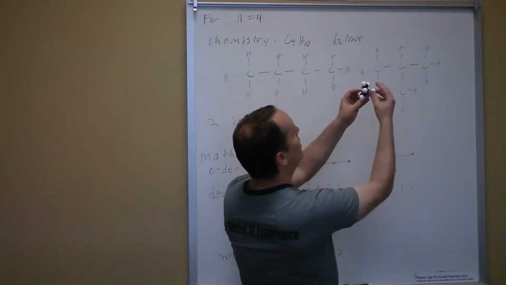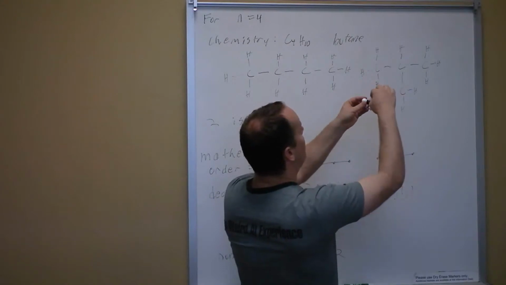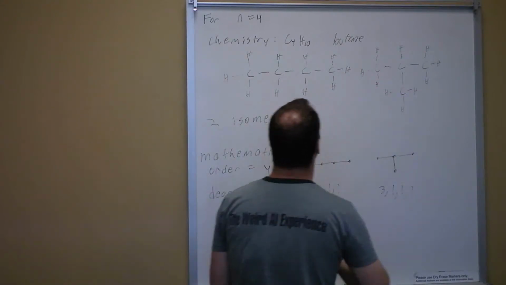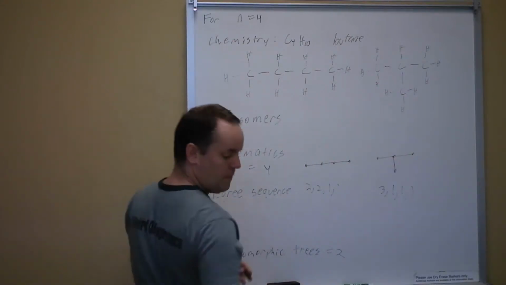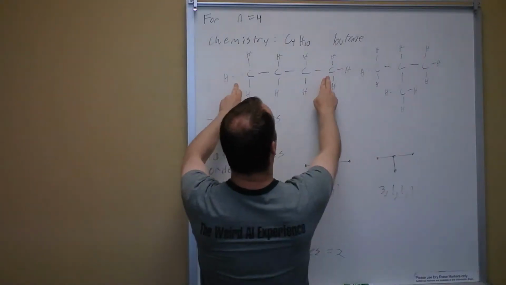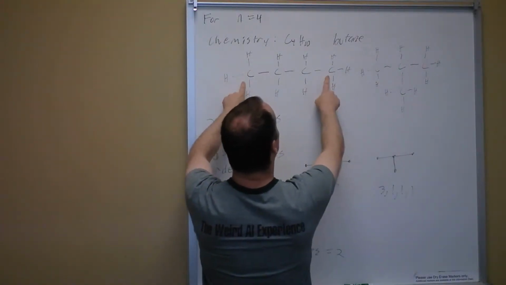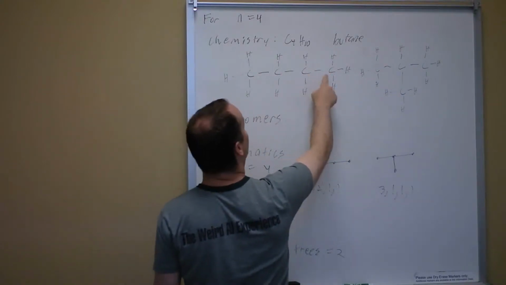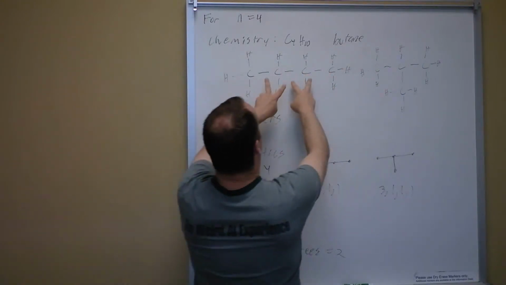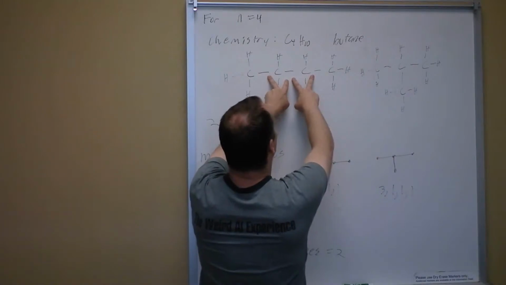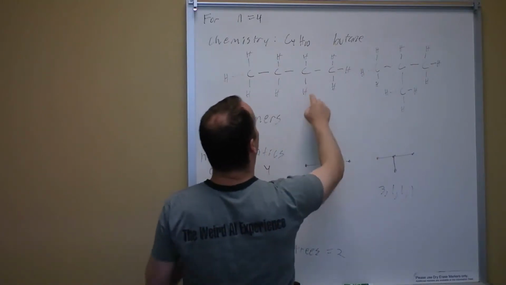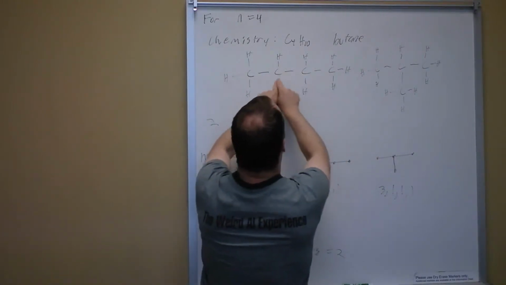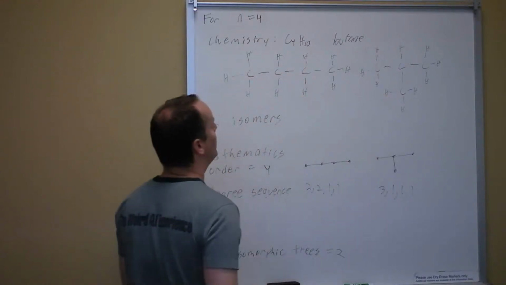So here we have a CH3, CH3, CH3, and then just 1 hydrogen here. Now you'll notice then, this isomer here, that you have 2 end carbons that are primary carbon. Primary carbon means it's next to 1 carbon. And then you'll notice you have 2 of these carbons here that are secondary carbon. Secondary carbon means it's next to 2 carbons.